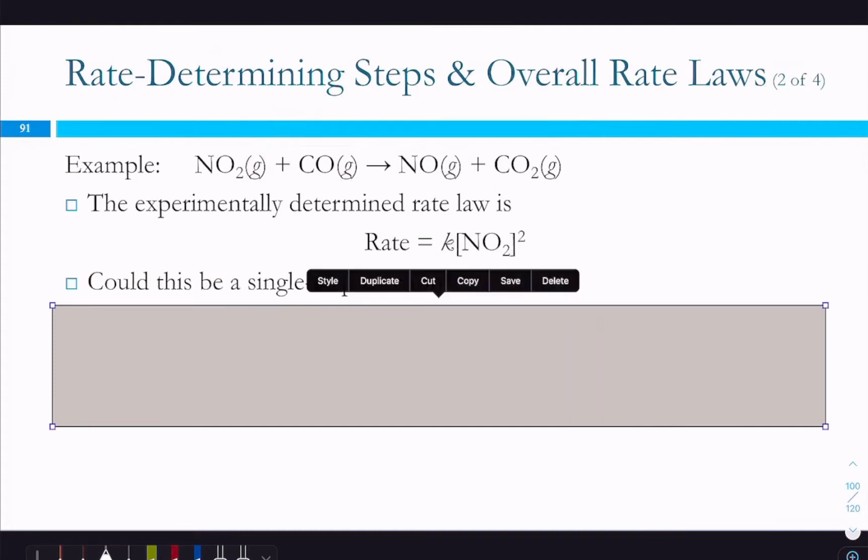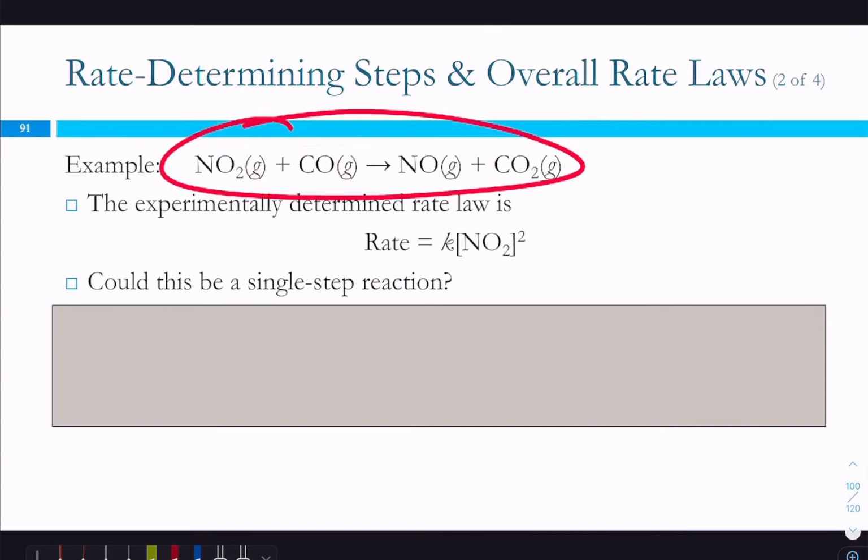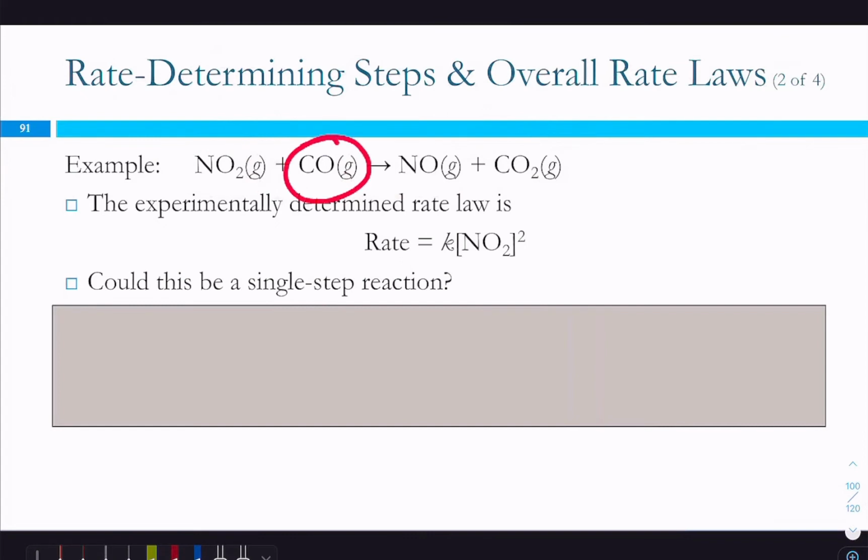So could this be a single step reaction? It can't, right? If it was a single step reaction, then our only elementary step would be this one. But there's only one nitrogen dioxide here, and we have carbon monoxide.